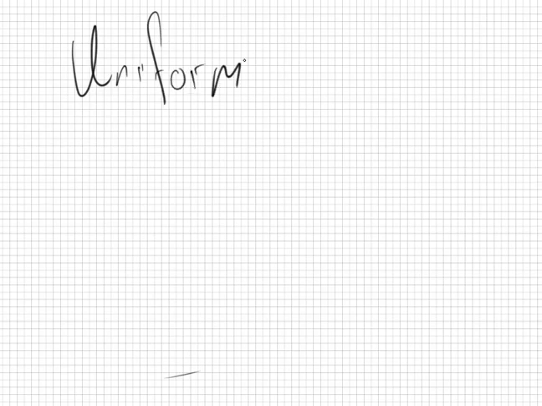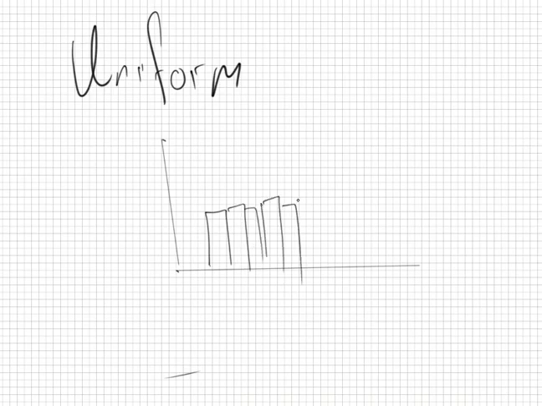So what do we think shape is a uniform histogram? Yeah, the same height. So a uniform histogram would look like this. Roughly, they're all the same height.